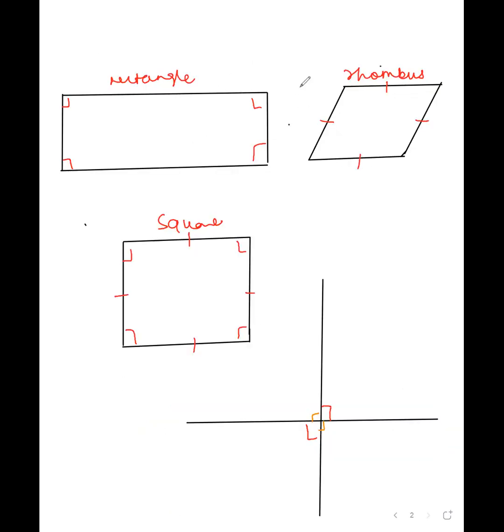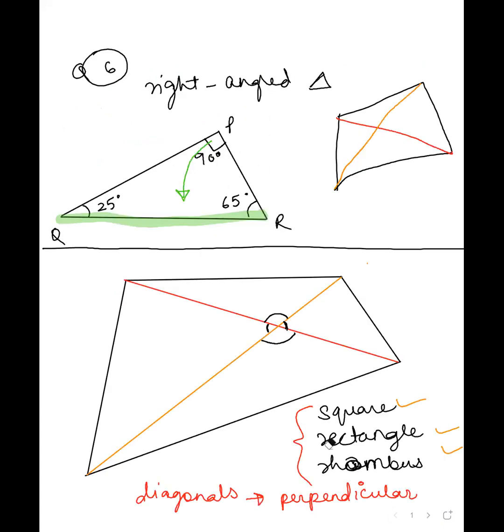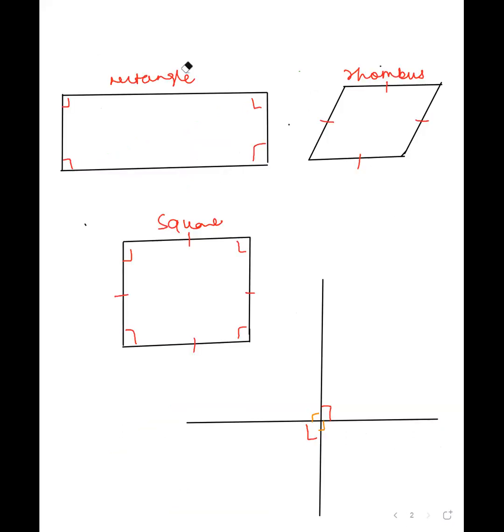Let me show you. This is one diagonal. This is another diagonal. Okay, wait, I'm sorry. Not in case of rectangle. I'm really sorry about that. Only in rhombus and square. So let's try it for rhombus.